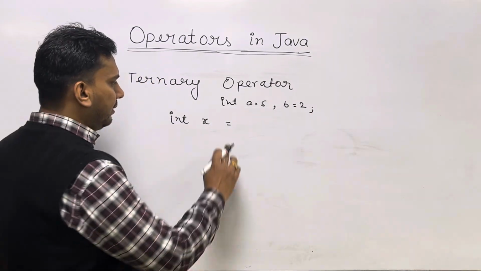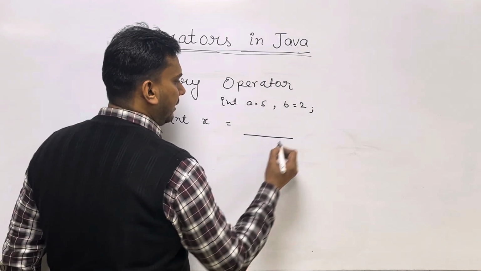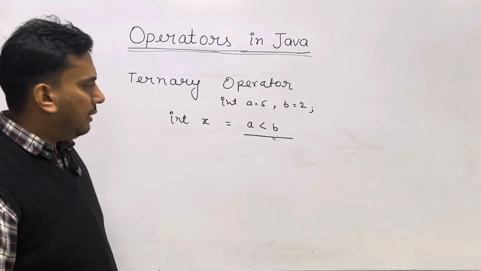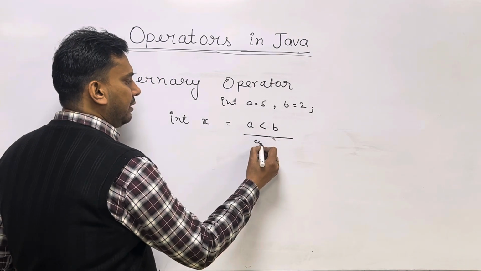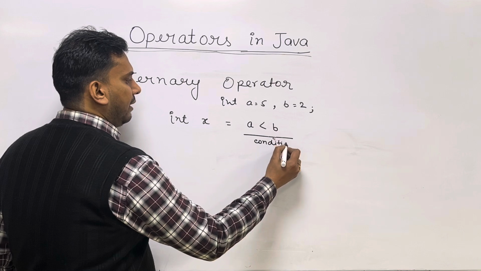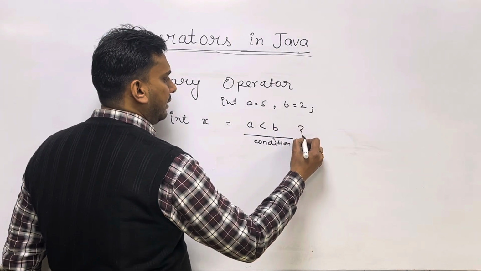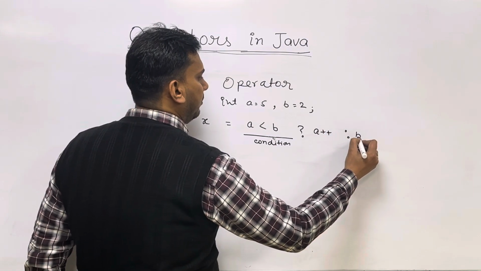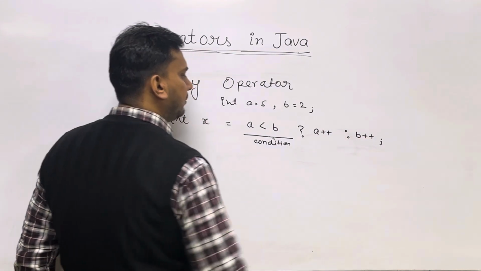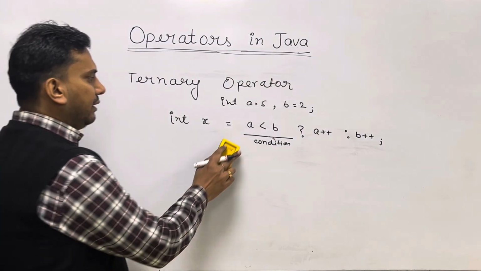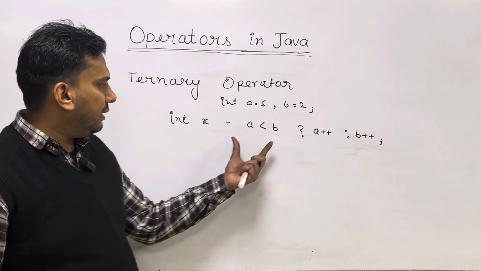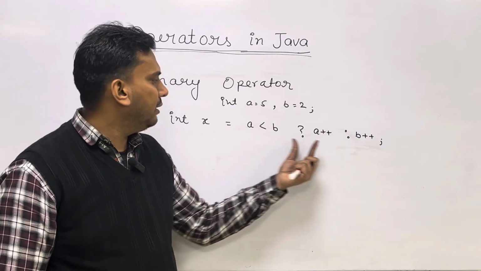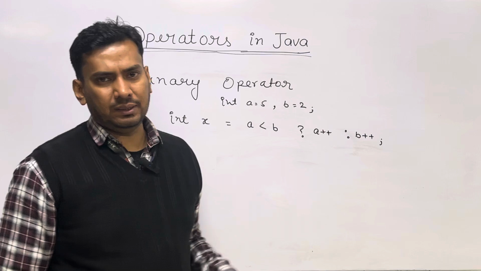Here I am going to write the condition: a is less than b. This is the condition part, and then a plus plus else b plus plus. This is your ternary operator. It is simply saying that if this condition is true, then we go for a plus plus, otherwise we go for b plus plus.